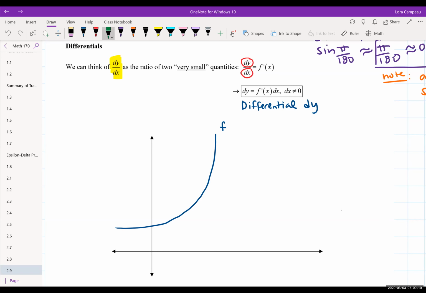So let's figure out the calculation of what's happening. Let's look at where x is. Here's a point lying on the function, evaluated at x, so that's f of x.